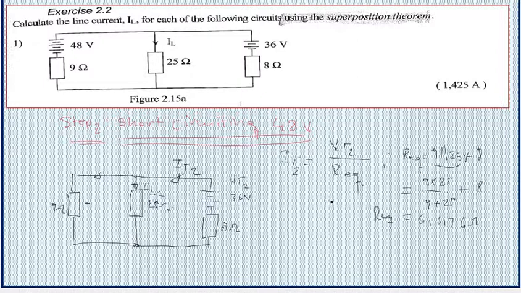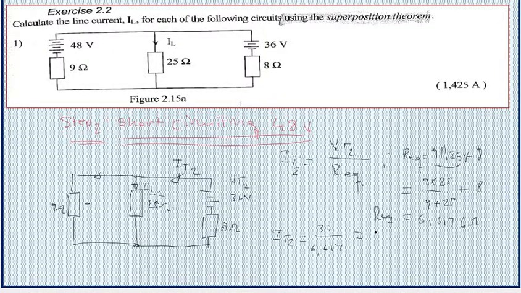So now once I have the equivalent resistance, I will be able to determine the total current. Because to get the total current, we are going to use this formula. We have the supply voltage, which is 36, and then we have the equivalent resistance, which is 6.617.